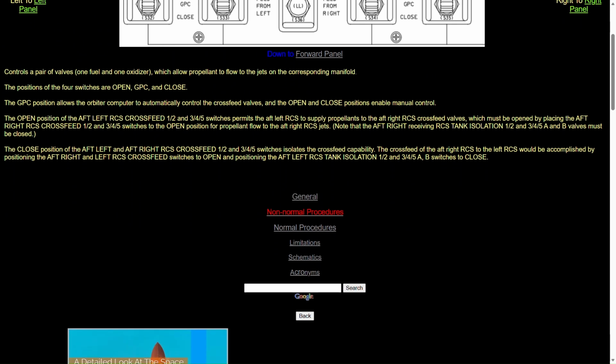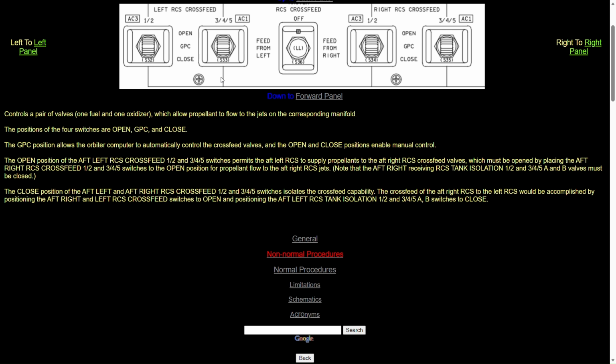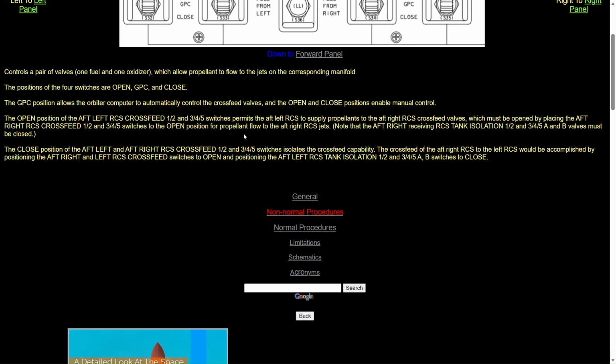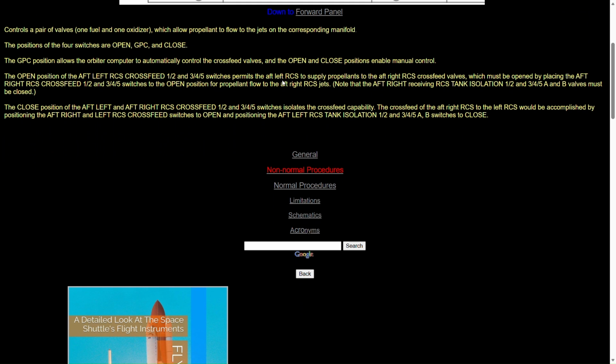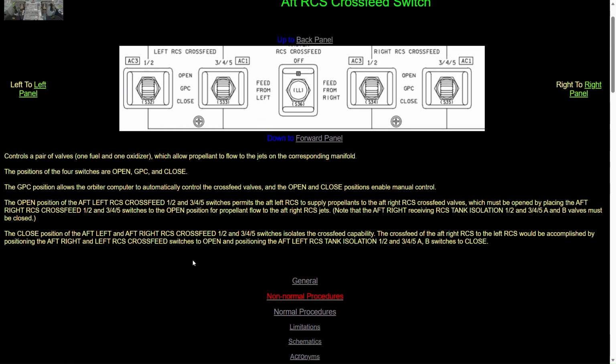The open position of the aft left RCS crossfeed 1, 2, and 3, 4, 5 switches right here permits the aft left RCS to supply propellants to the aft right RCS crossfeed valve, which must be opened by placing the aft RCS crossfeeds 1, 2, 3, 4, 5 switch to the open position for the propellant to flow to the aft right RCS jets.